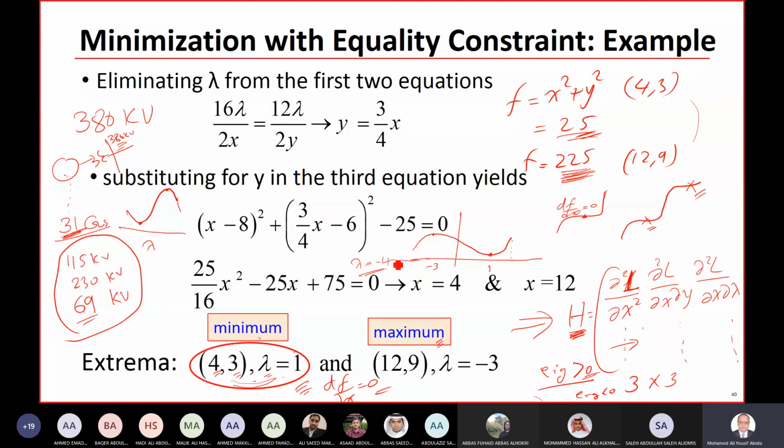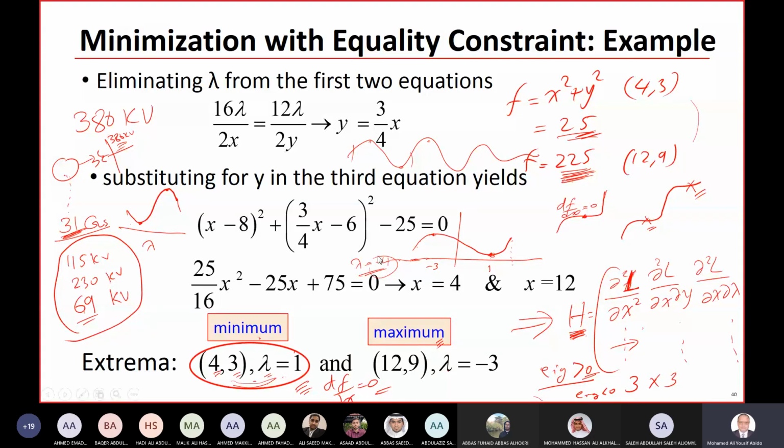The one who starts with lambda equal to minus 4 will end up with minus 3, and the one who starts with lambda equal to 2 will end up with lambda equal to 1. This is the best solution that we get. Of course, if the problem is more complicated, with several minima and maxima, if you start here you end up here, and if you start here you may go here or there.